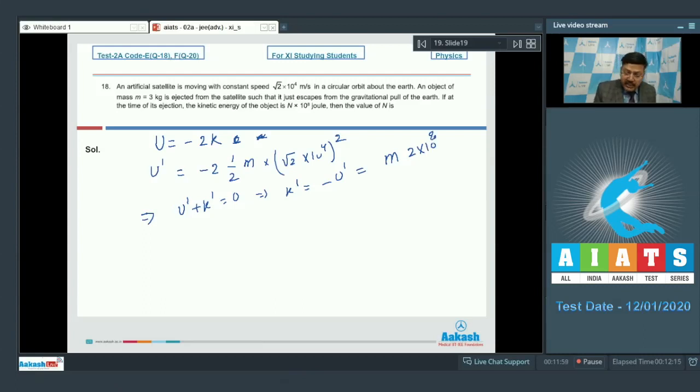The value of m is 3, so that means it is 6 × 10^8 joule. So the value of n is 6, and as per the format of the question, it should be 06. Let's now go to the next question.